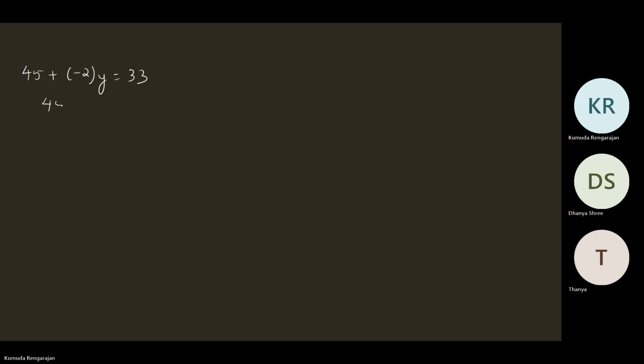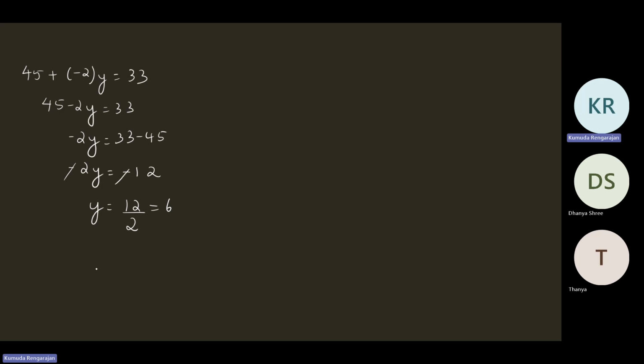Okay, so 45 minus 2y is equal to 33. Minus 2y is equal to 33 minus 45. Correct. Minus 2y is equal to minus 12. Minus gets cancelled. 2y is equal to 12. y is equal to 12 by 2, which is 6, ma'am. Very good. Correct.